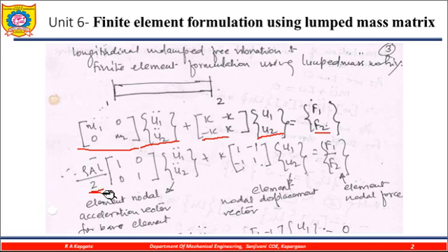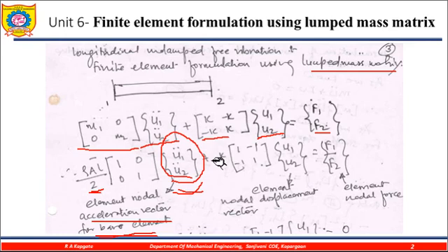This is the 2 because this is the lumped mass matrix, the matrix 1 0 0 1, multiplied by the acceleration vector for the bar element, plus my stiffness matrix k into 1 -1 -1 1 matrix, multiplied by u1 u2, that is the element nodal displacement vector, is equal to my force matrix, or I would say element nodal forces.